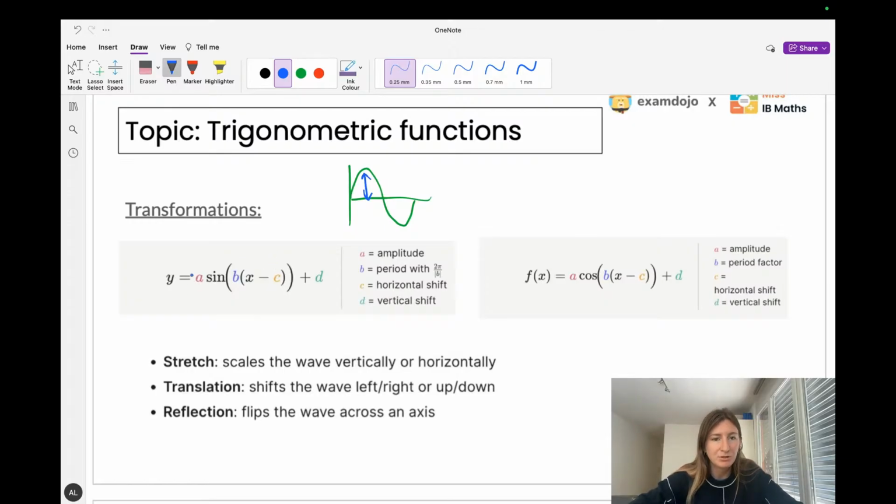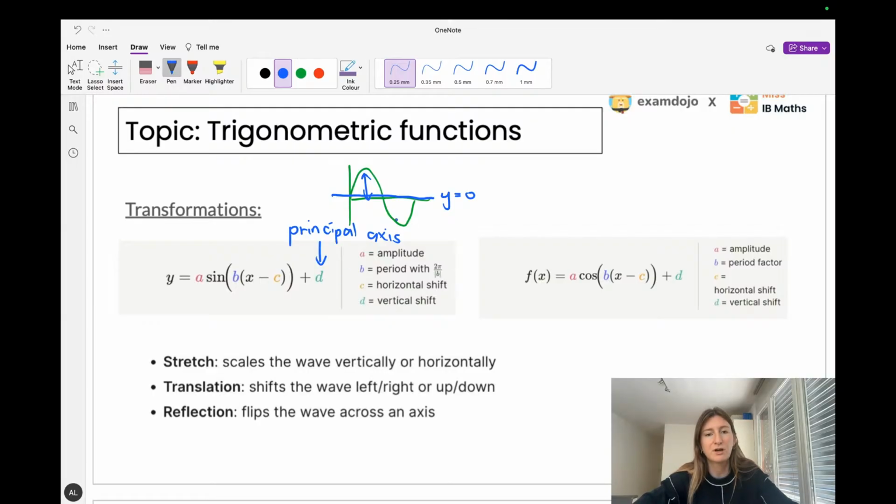That is our amplitude. Then we have D, that is our principal axis, and that is halfway between our graph. So in this case, it's y equals 0. That's the line that cuts the graph in half.